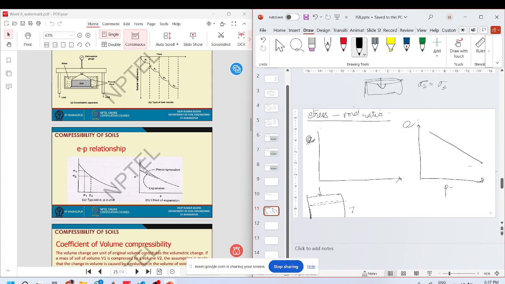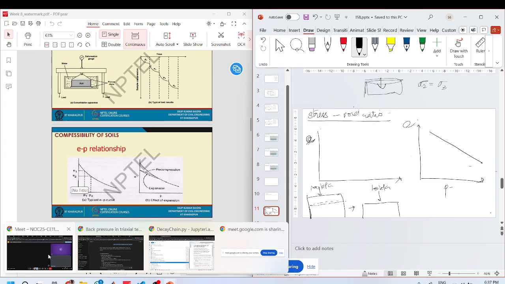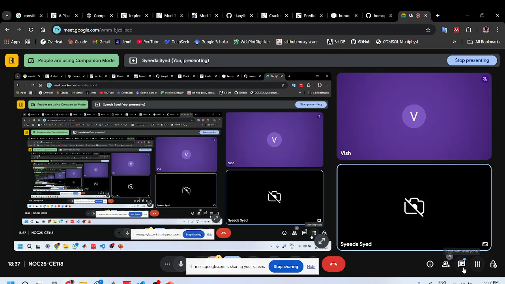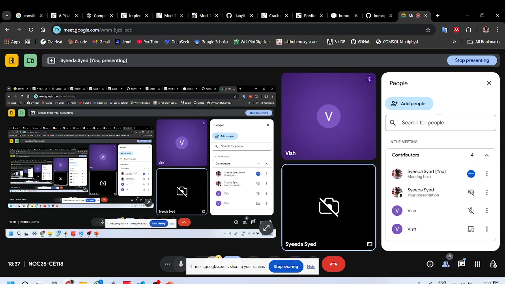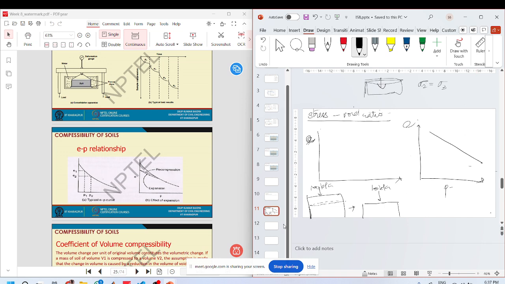Now it looks like this. Okay. So if I now remove this load, the soil will come a little bit back, not to its original form, but a little.